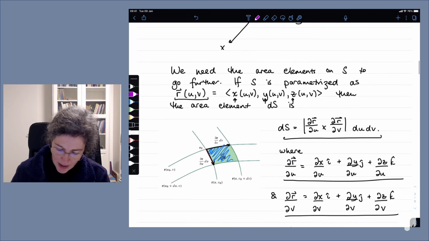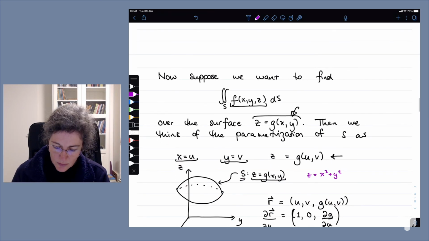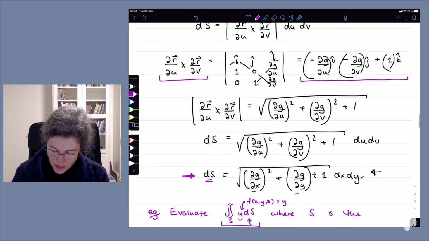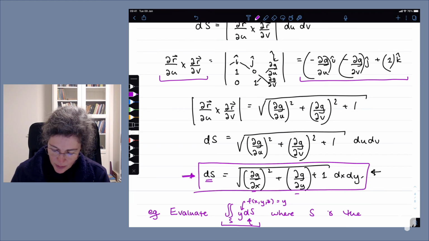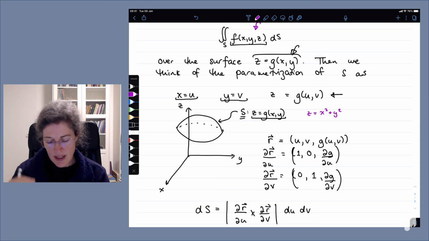And if we're looking at surface integrals for scalar fields like this, then our dS is going to be something like this, where our surface is something like z is equal to g of x, y.